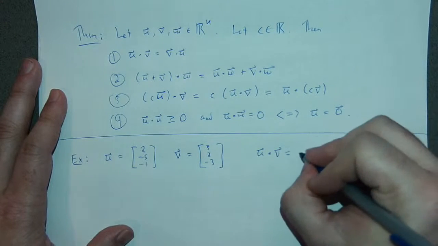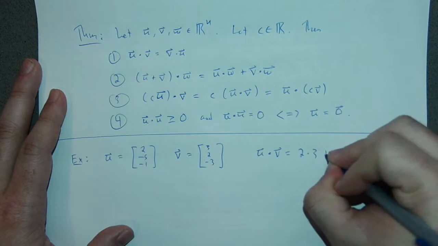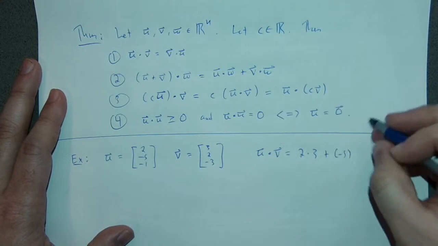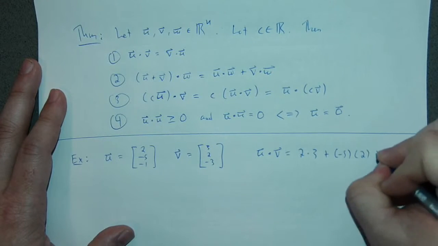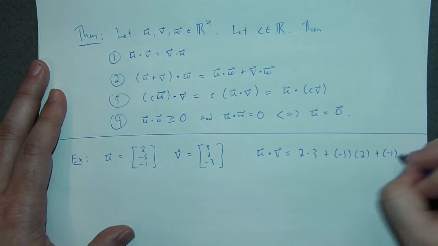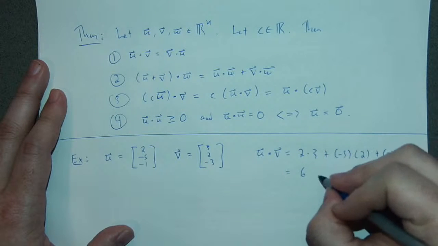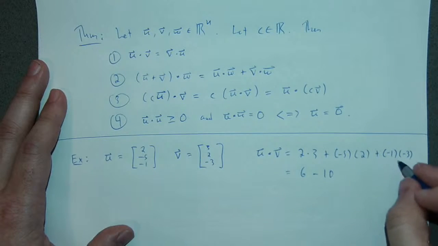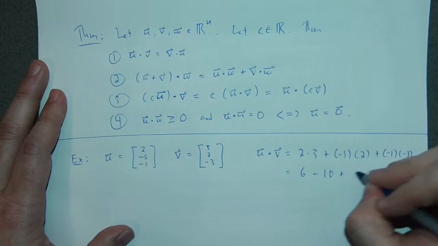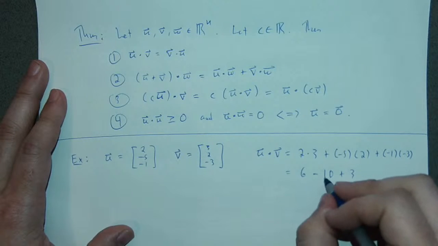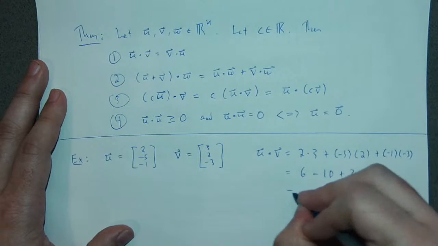Well, it's 2 times 3 plus -5 times 2 plus -1 times -3. So this is 6 minus 10 plus 3. So this is 9 minus 10, so this is -1.